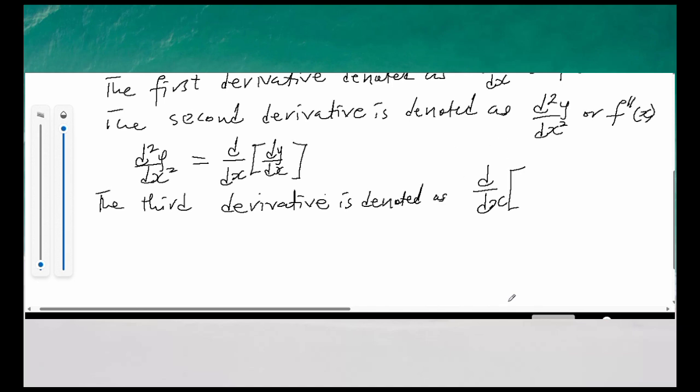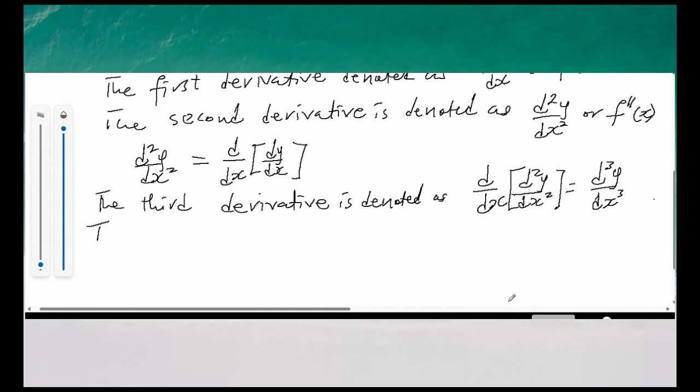The second, which is what? d squared y over dx squared, and this is going to give us d cubed y over dx cubed, right? So from this we can also have the fourth derivative.